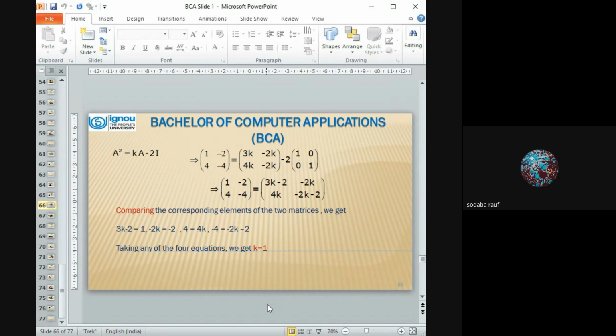And minus 2 equal to minus 2k, and k equal to 1. And 3 equal to 4k, 4 equal to 4k, k equal to 1. And minus 4 equal to minus 2k minus 2, and minus 2k equal to minus 4.